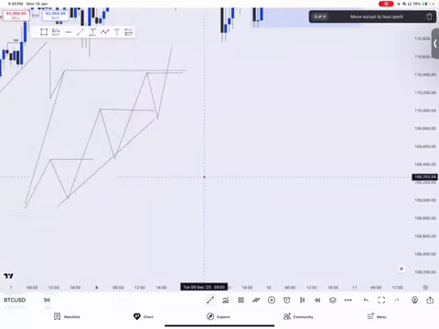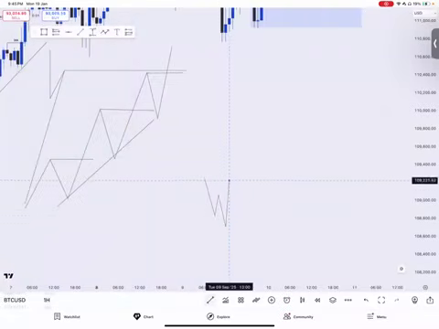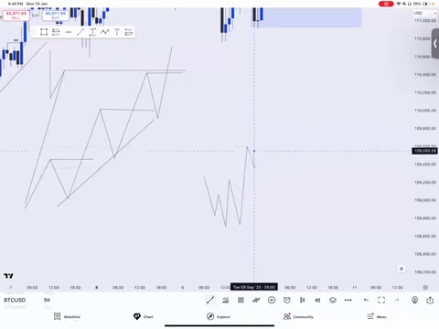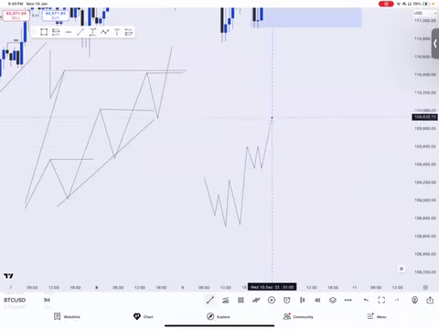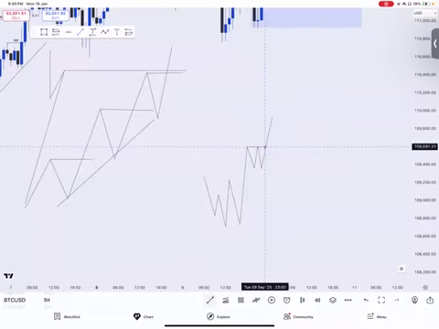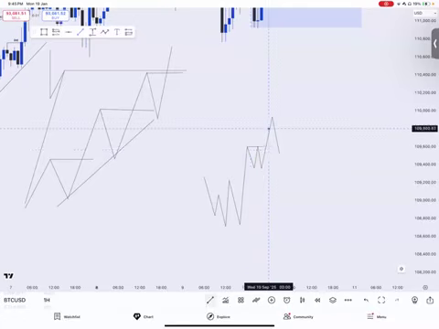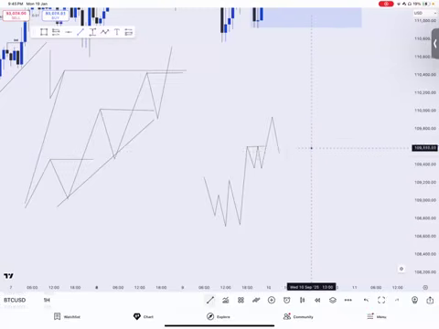For example, if you've already gotten an MSS, then price is already buying. Then you get something like this, the market does something like this and this, then this happens, and then you're waiting for price to come back to your breaker block, and then for you to take a buy, and it will not come back. Then you have to start wondering what's the difference between this thing that has happened now and then and this one.